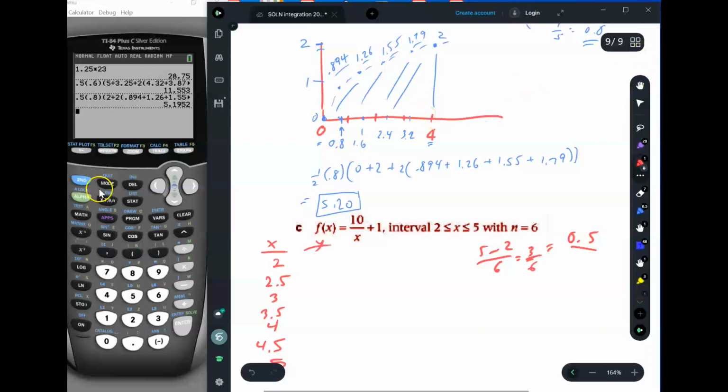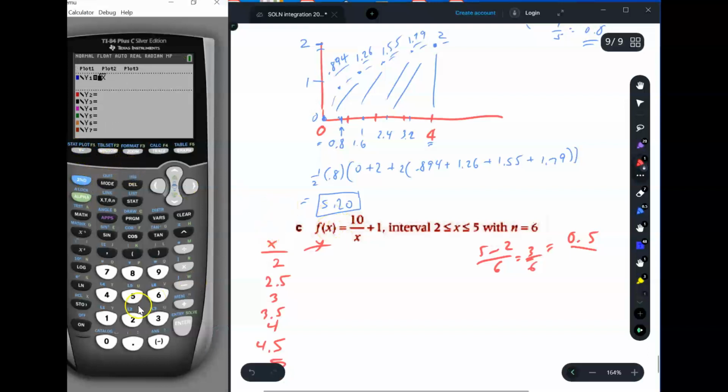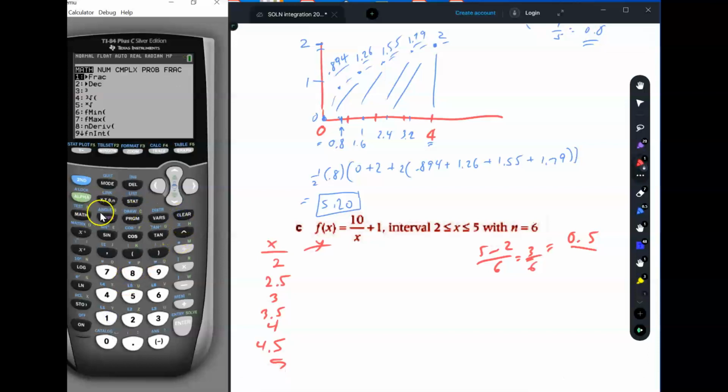I'm going to put the function into y equals, and my function is 10 divided by x plus 1. So 10, let's see, what I'm going to do is I'm going to use the vertical fraction. And I'm going to put 10 divided by x.